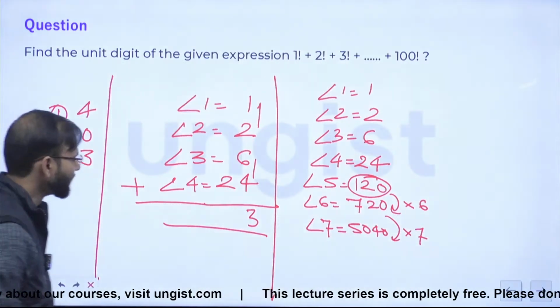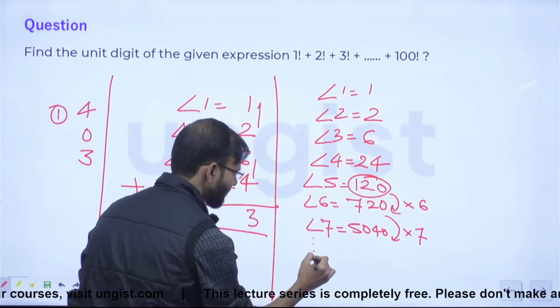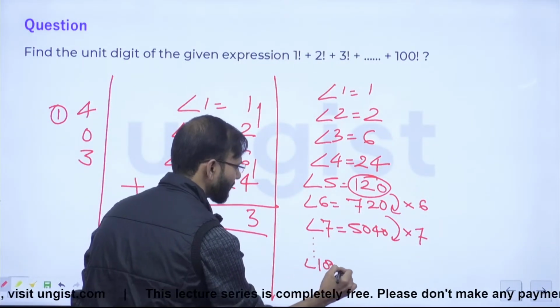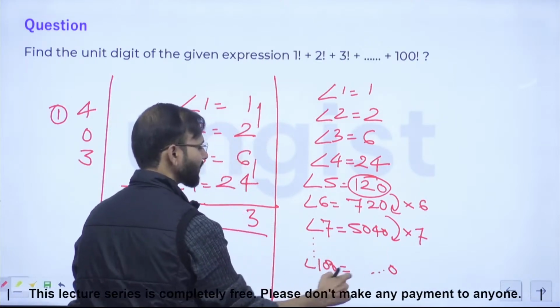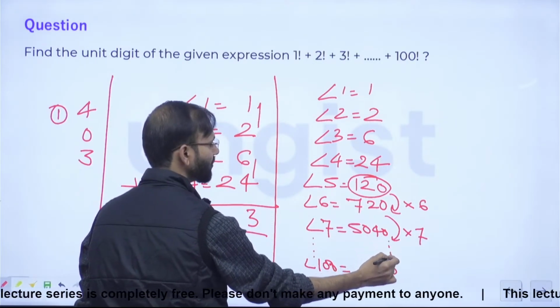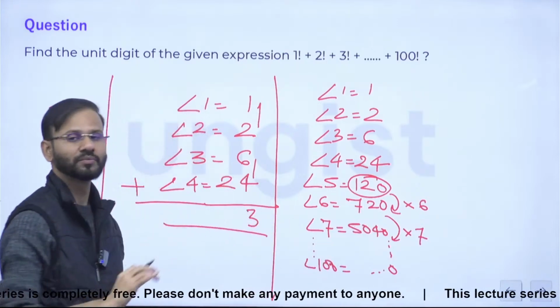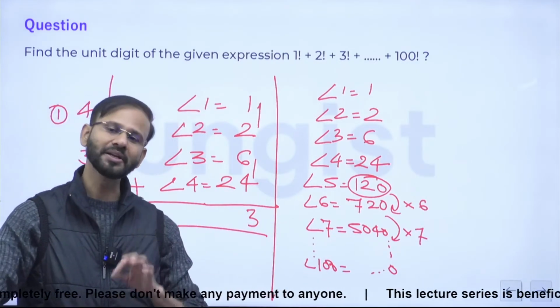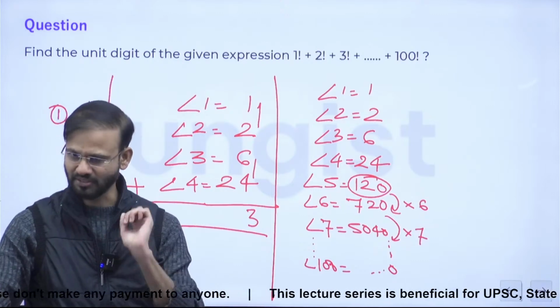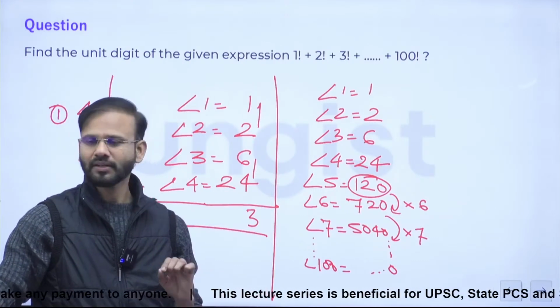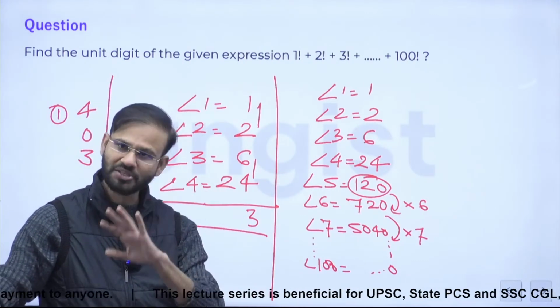So, what I am trying to say is, if it is written till factorial 100, then obviously factorial 100 ki value I don't know, but I know one thing, the unit digit of factorial 100 will be 0. Definitely it will be 0. Right? Or for any number which is greater than or equal to 5, the unit digit of that factorial would be 0 always.